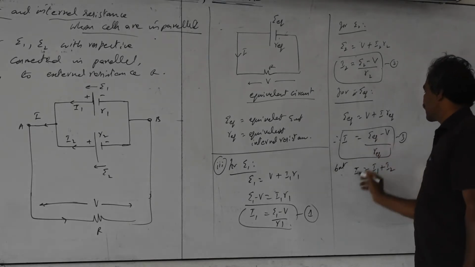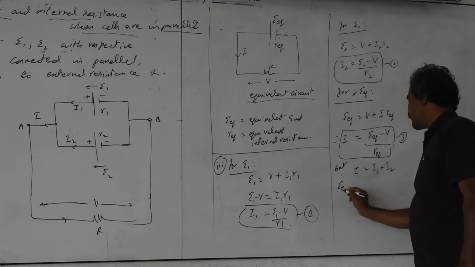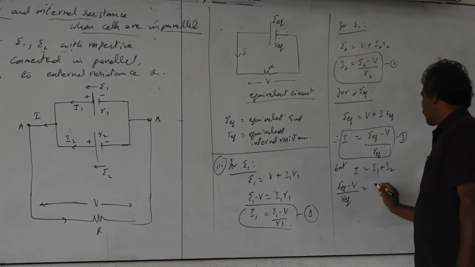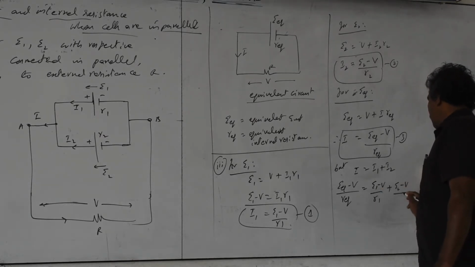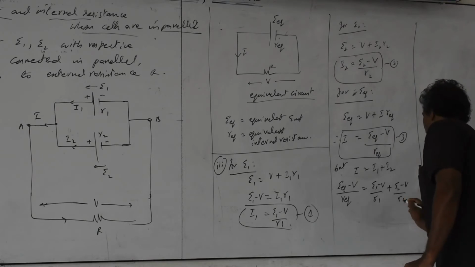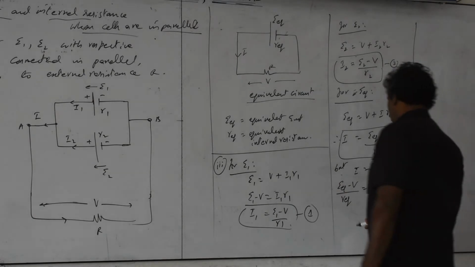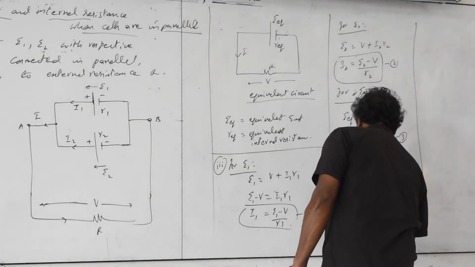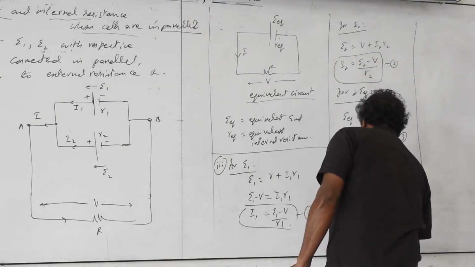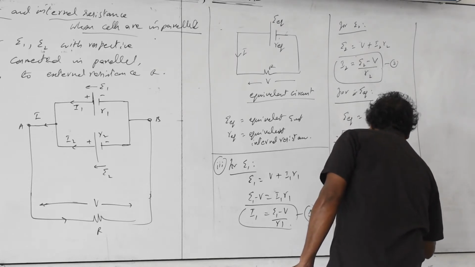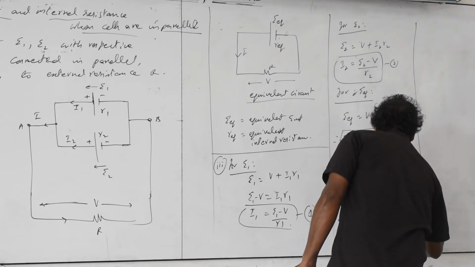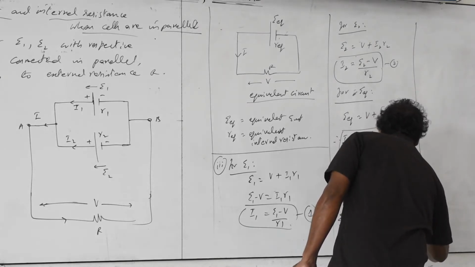Substitute the values. I is equal to (E equivalent minus V) by R equivalent, which is equal to (E1 minus V) by R1 plus (E2 minus V) by R2. Take the subtraction of this V. We get the expression as E equivalent by R equivalent minus V by R equivalent is equal to E1 by R1 minus V by R1 plus E2 by R2 minus V by R2.